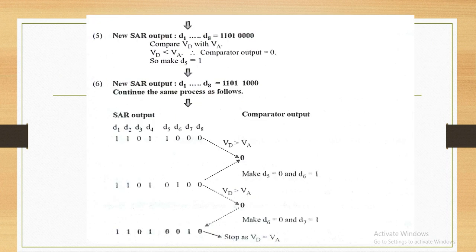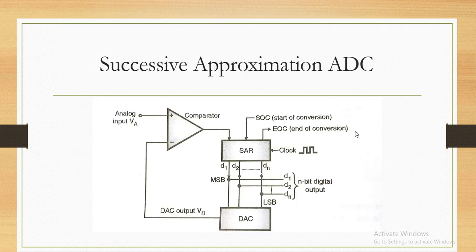At the end the SAR will hold the actual 8-bit code or n-bit code with respect to that analog voltage, and whenever the process is completed, this SAR will generate the end of conversion signal. Okay, and this end of conversion signal is monitored by the processor or controller, which is continuously waiting for the signal.